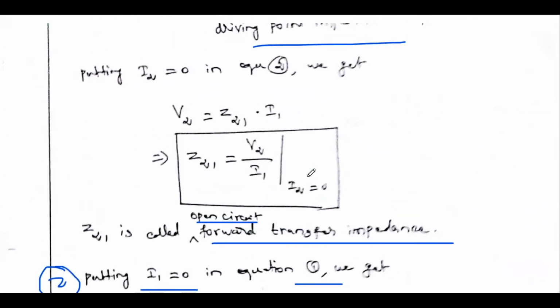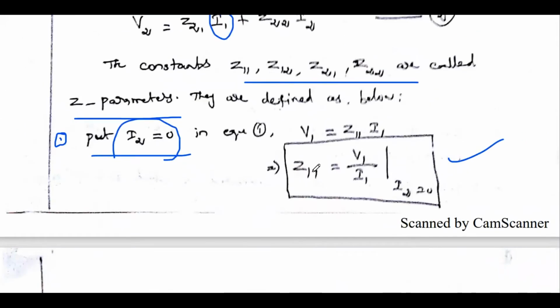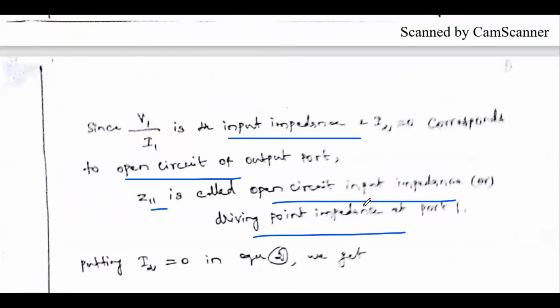So you just see what is Z11? First you see all Z's are V by I, whether it is Z11, Z12, Z22, Z21. All these impedance parameters are V by I. So Z11 means the first one you put in the numerator, the second one in the denominator: V1 by I1.